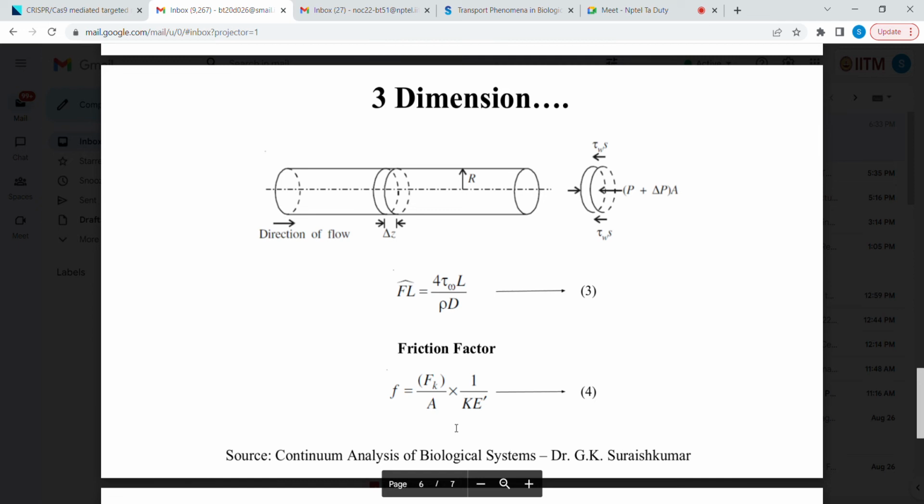Now here, since this fluid is moving, there is a kinetic component which is denoted by Fk, and Fk is divided by the unit area, and the whole thing is divided by the kinetic energy per volume of the fluid.